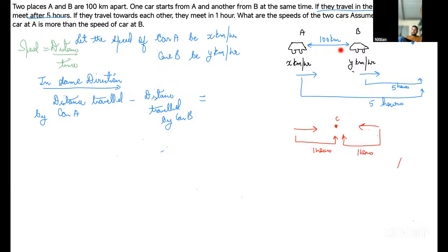I am repeating again. Car A covered the distance till D. This is the distance covered by car A. This is the distance covered by car B. If you subtract it, what will be left behind? This distance, which is 100 kilometer. How much distance did car A cover? This much. How much did car B cover? This much. If you subtract, what is left behind?